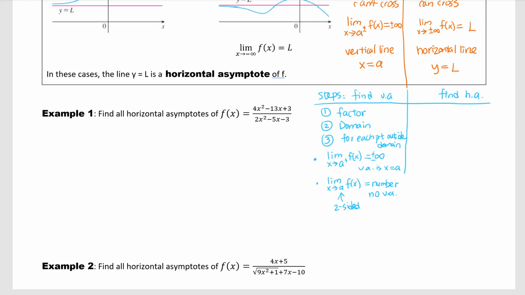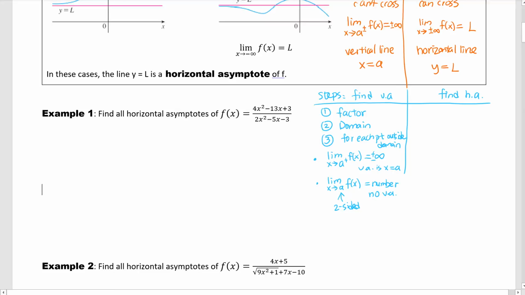So how about horizontal asymptotes? Well, for horizontal asymptotes, first step, don't factor it. We don't want the factor form. We want the polynomial standard form, the general form. And then we want to look at the dominant terms.